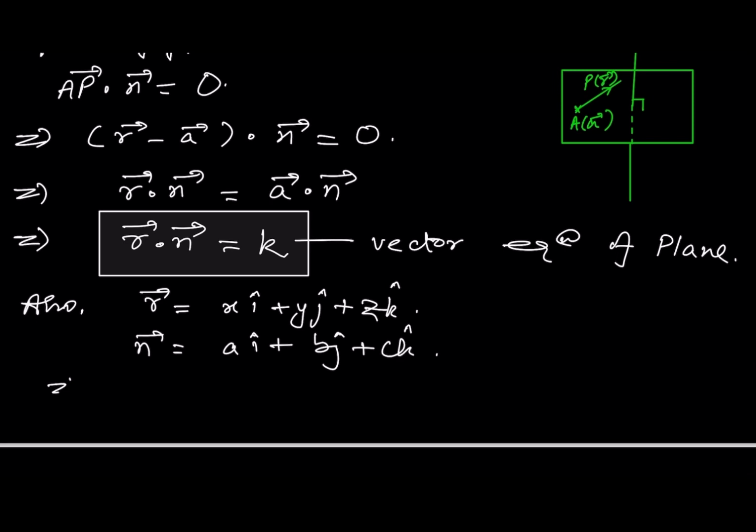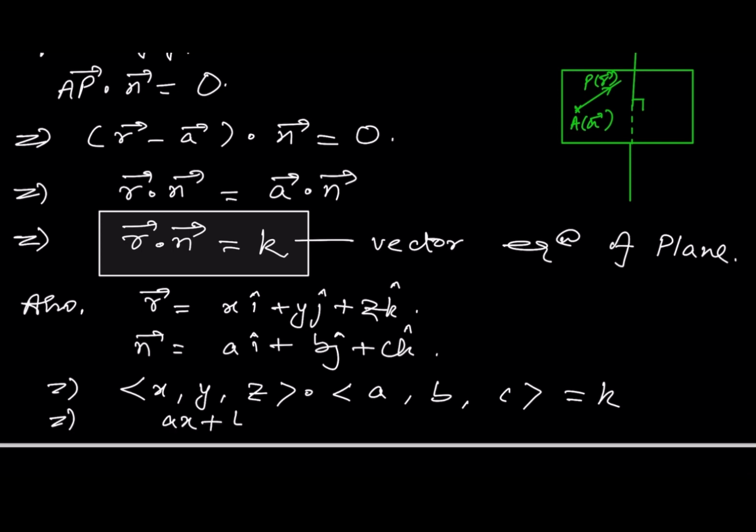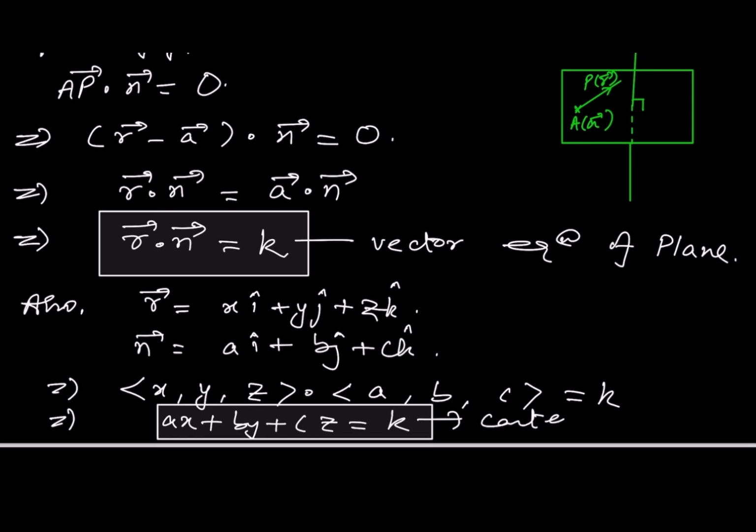Then r dot n will become (x, y, z) dot (a, b, c) is equal to k, or ax plus by plus cz is equal to k. This is the Cartesian form, or Cartesian equation of a plane, right?